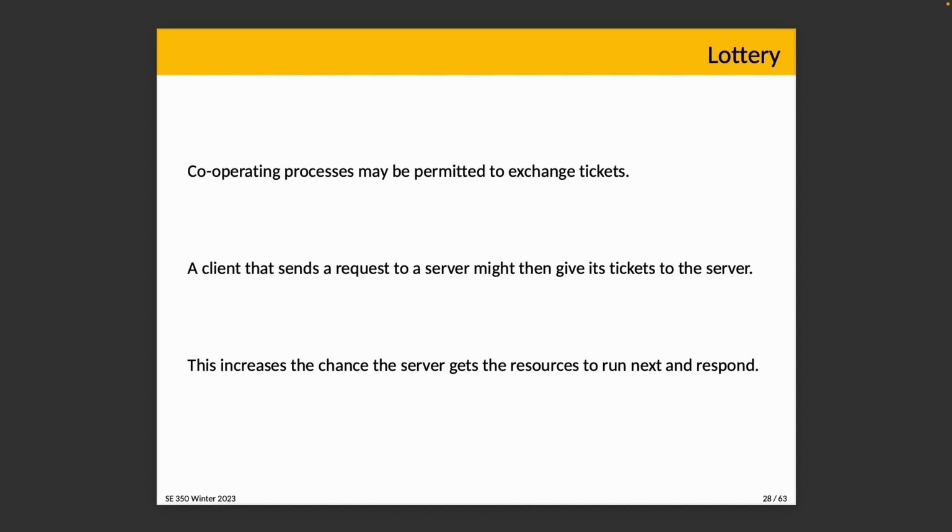That hopefully results in a faster response than if the client process, which is going to get blocked anyway, just sits there holding on to the tickets. Does it always work? No. But it is still interesting to think about: what could we do with an underground economy of tickets, so to speak? That might be clever.